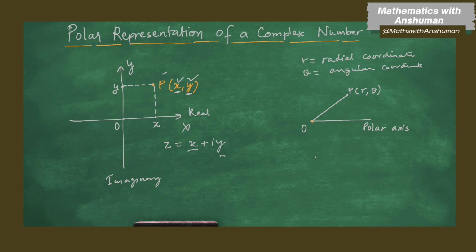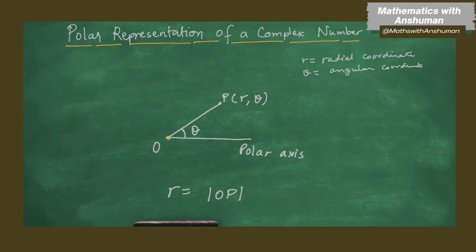So r is nothing but the distance OP, and theta is the angle that OP makes with the polar axis or the positive x-axis. As we have seen in polar coordinate system, we write a point as (r, theta). But the same point can be written as P(x, y) in Cartesian coordinate system.